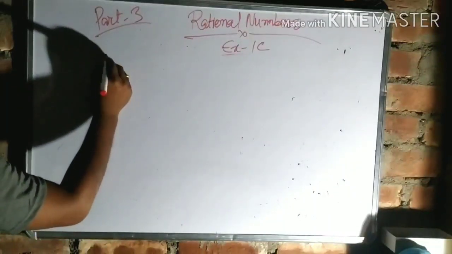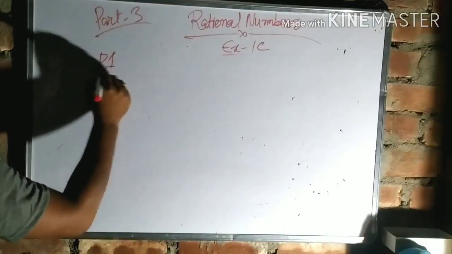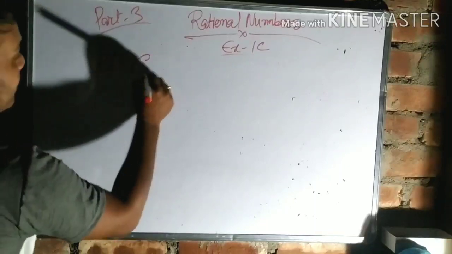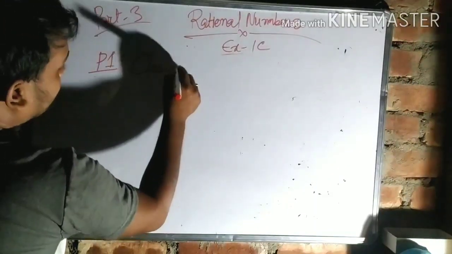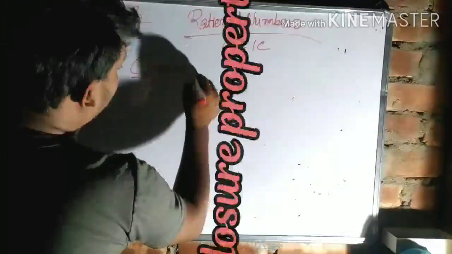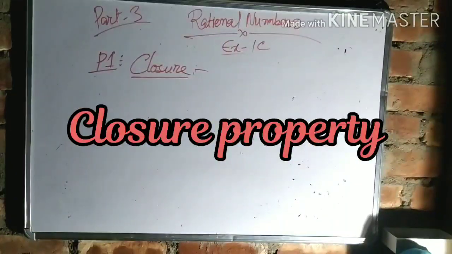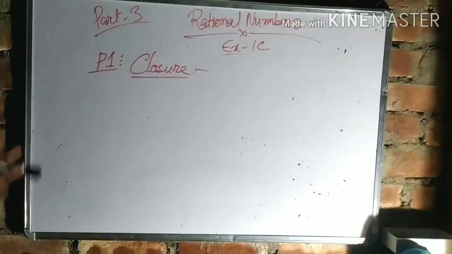Property number 1, in short P1, is the closure property. In the previous class I already defined the closure property.